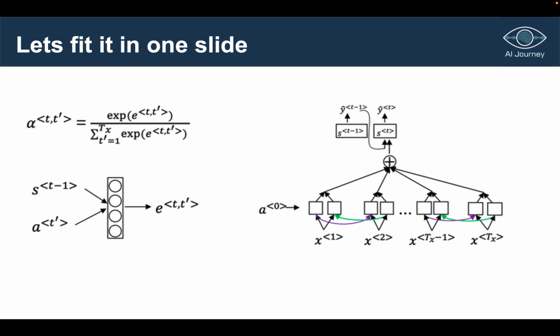Since we don't know the function relating what to what when generating alpha t,t prime, we're going to assume that the function is a function of a t prime, which is the activation of the tokens, and my last activation from the output, which is s t-1. I'm going to feed both into a neural network, learn this neural network separately, and then compute those logits, and then do a softmax in order to turn them into probabilities, and the summation of these probabilities is 1, of course.